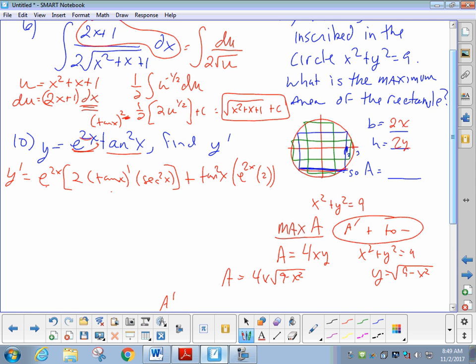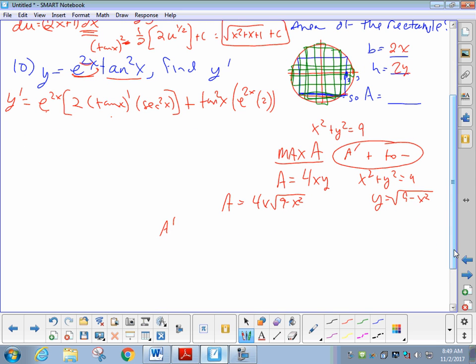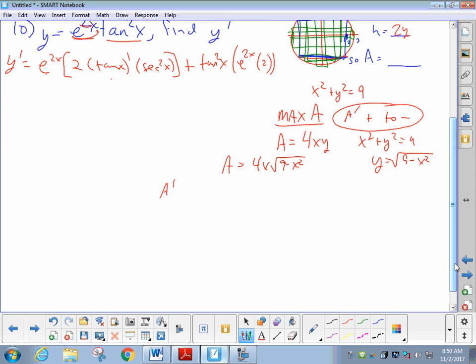If I keep stretching x out, the area will get bigger and bigger up to a point, and then it'll start to get smaller and smaller. You see what I mean? If I drew a rectangle like this, I'd have small area, bigger area, but at some point the area is going to start to get smaller, and I want to know when the area stopped increasing and started decreasing, so I'm looking at how A prime, the change in area, behaves.